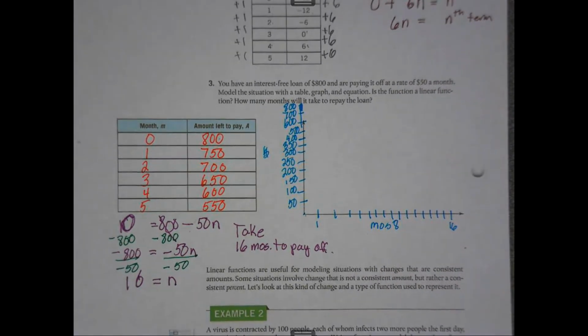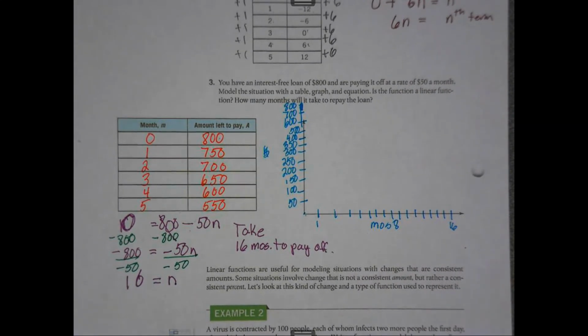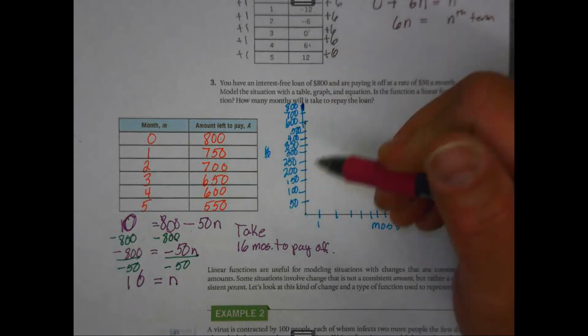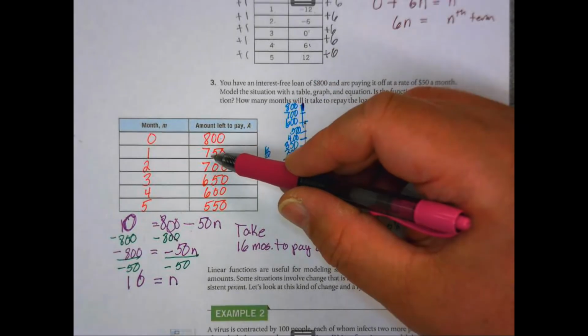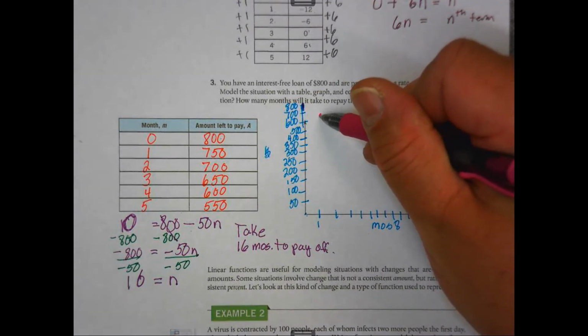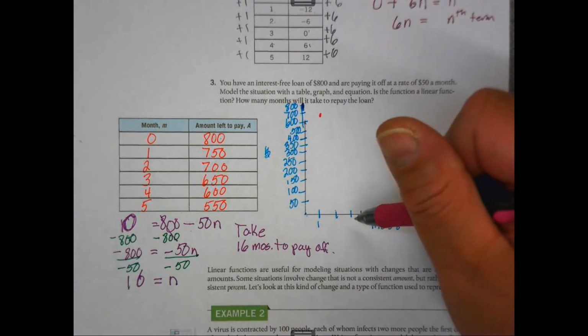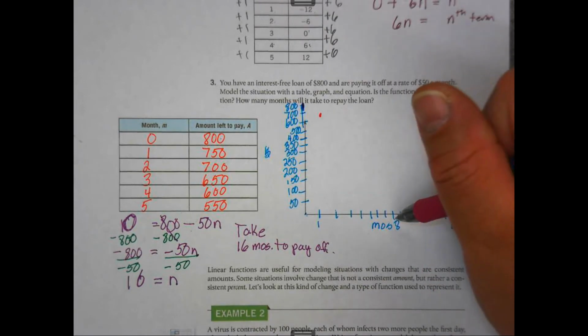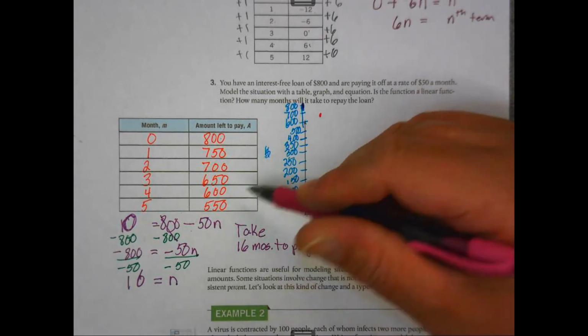Okay. All right. 0, 800. Let's go 2, 700. 3, 650. Well, I'm gonna go out. Let's go out to 5, 550.